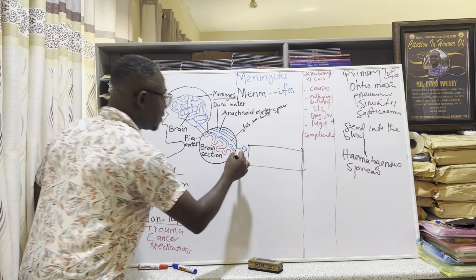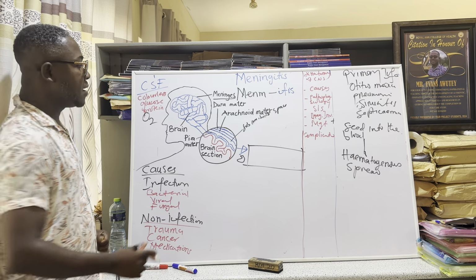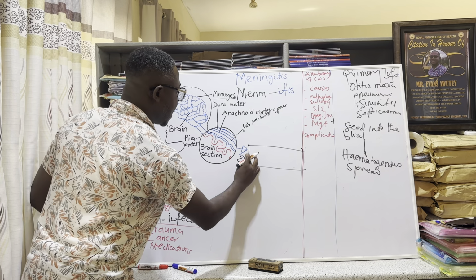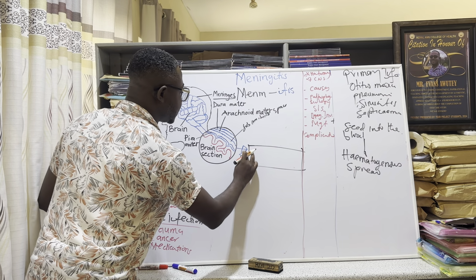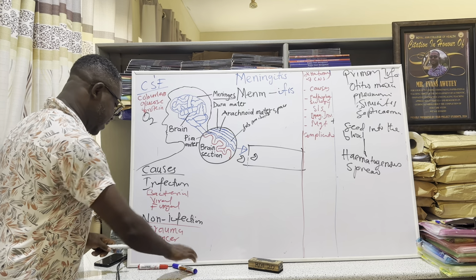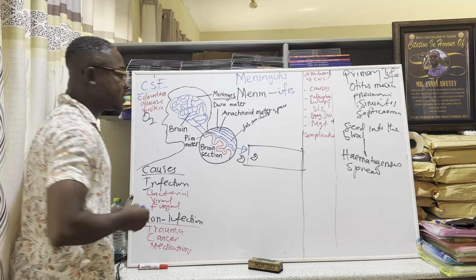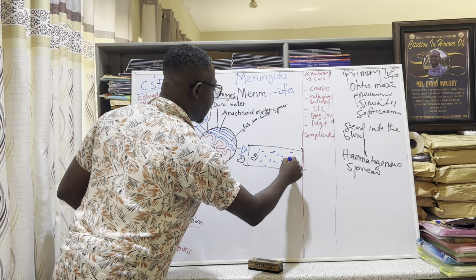And so let's say we have our bacteria here, which is an antigen here, breaking the barrier to cause infection. So they break it and then they now enter. Now earlier on I said that the subarachnoid space consists of CSF. So we have this as our CSF.